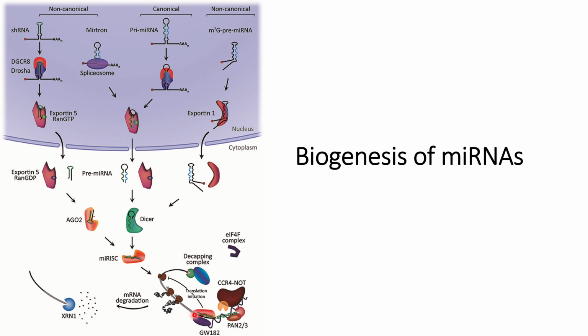During this process, the translation inhibition usually happens by affecting the eIF4F complex formation, which is essential for mRNA translation, and in some cases decapping will also occur using the decapping complex.